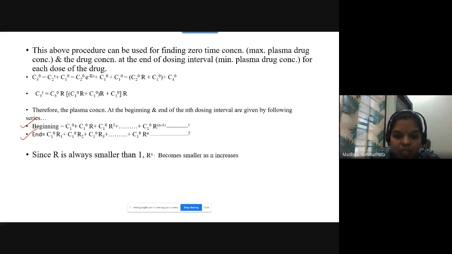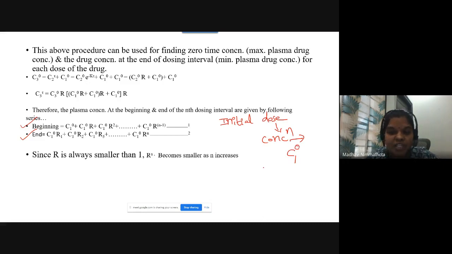So you can consider here C1 beginning. Beginning means here we are calculating the starting dose, so we are taking the initial dose of the drug. Dose is nothing but, in the sense of concentrations, we are calculating the first concentration at initial time.